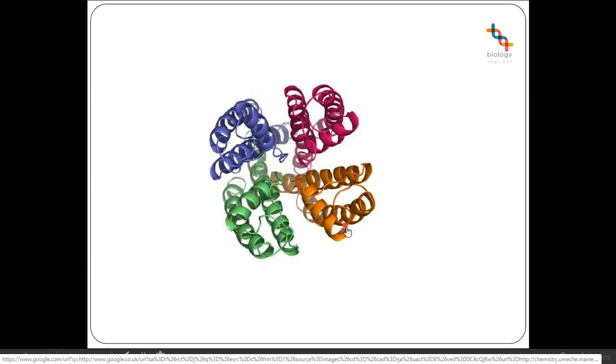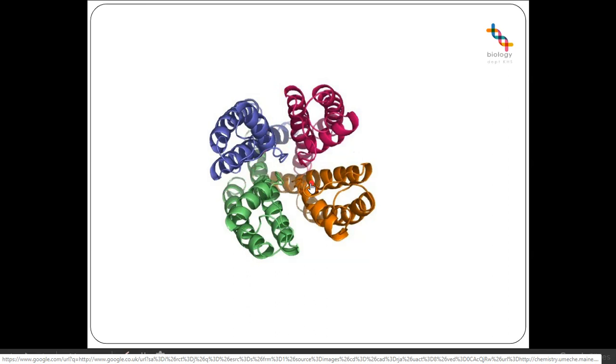Obviously, quaternary means that it's our 4th level of protein structure. However, that does not mean that the protein needs to contain 4 specific subunits. It could contain 2, it could contain 6, but quite frequently it's exemplified in diagrams as having 4. So just bear that in mind.